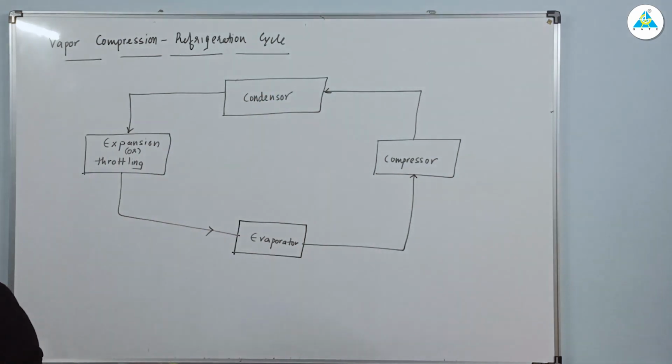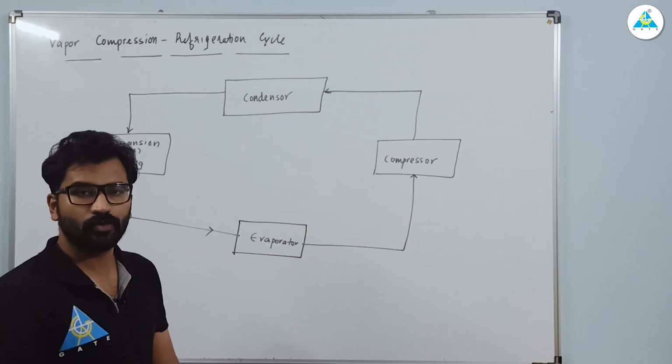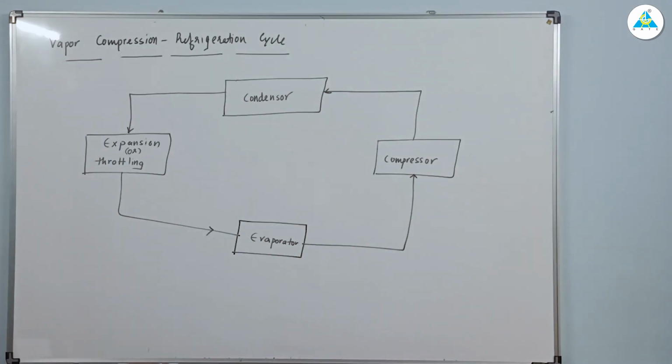So complete the diagram. How you write it is the most important part. One side you have the compressor, the other side the expansion or throttling valve, one side the evaporator, and one side the condenser.